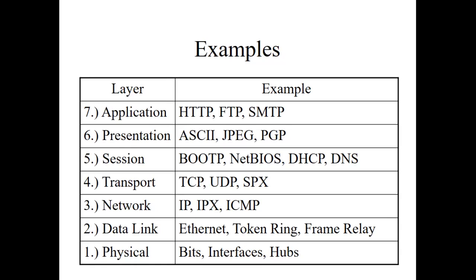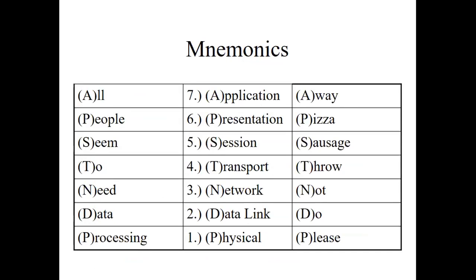Then the data link layer uses Ethernet, token ring, or frame relay. Next is the physical layer, which deals with bit values and uses devices such as a hub. This is an example to remember the different OSI layers: application, presentation, session, transport, N is the network, D is the data link, P is the physical layer.